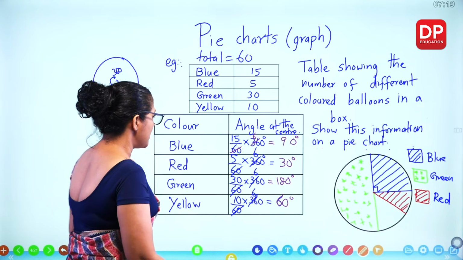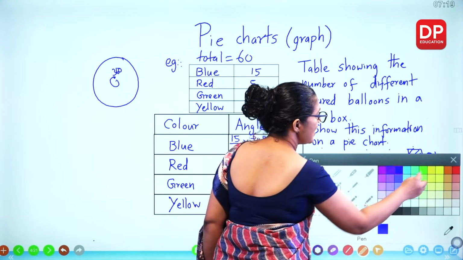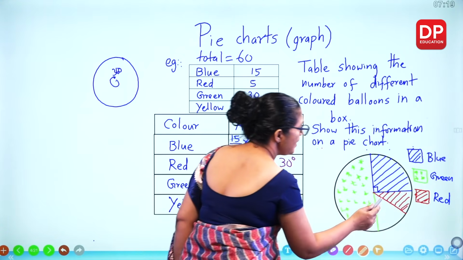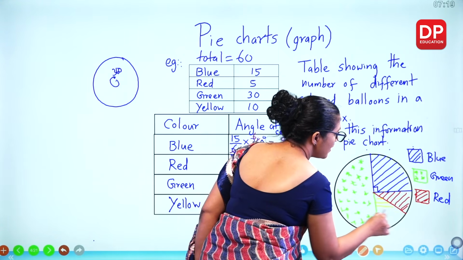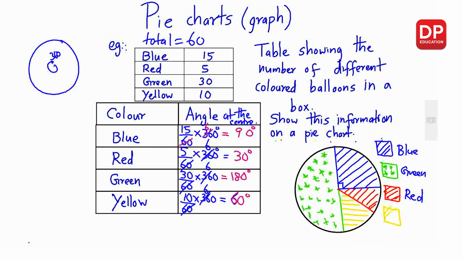What about the other one? 60 degrees is yellow. You can take anything. So I'll put lines or something. Then this one represents yellow.